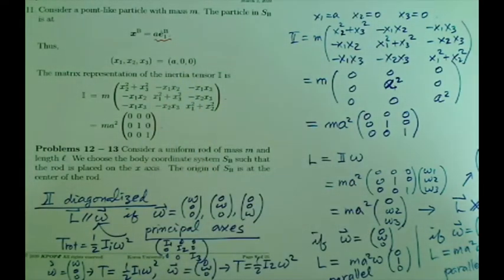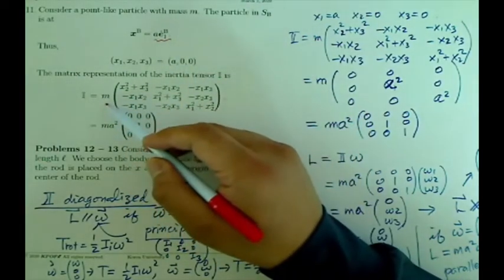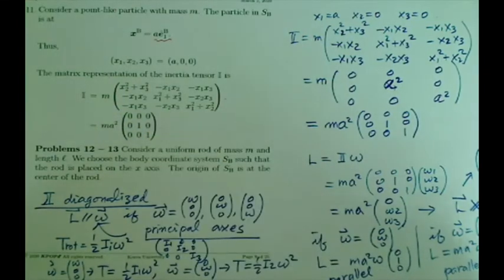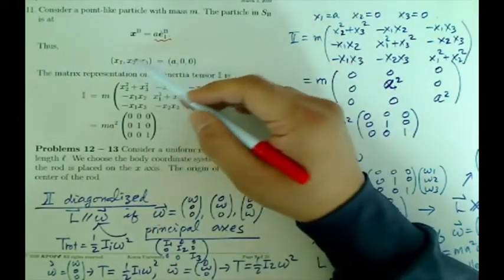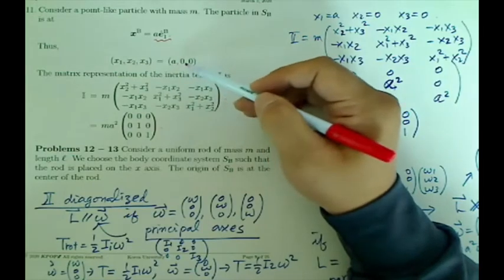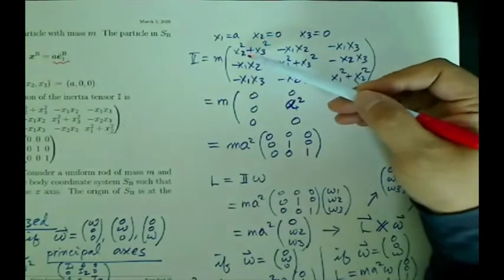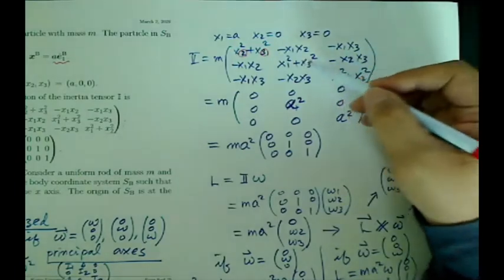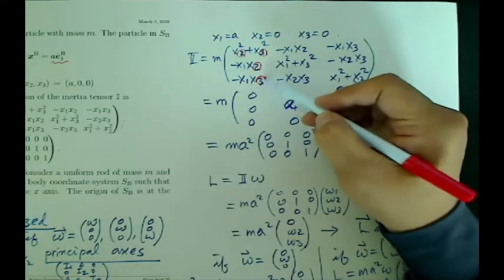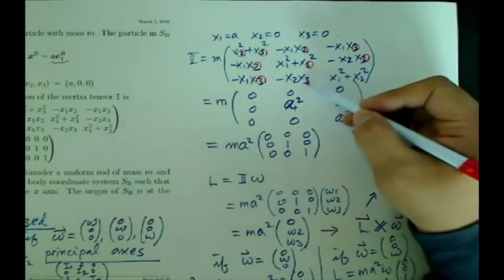If we substitute, so this is a single particle, therefore we drop the summation notation, and for each particle, just a single particle of mass m, we substitute x1, x2, x3 with a, 0, and 0.